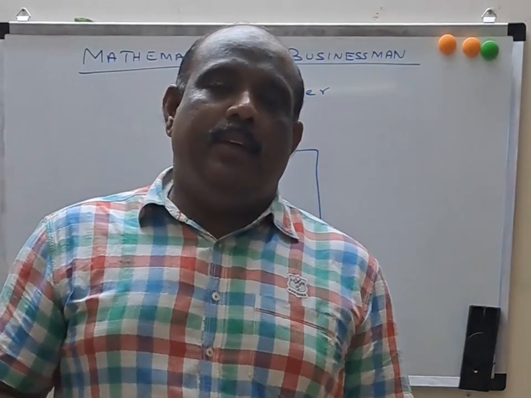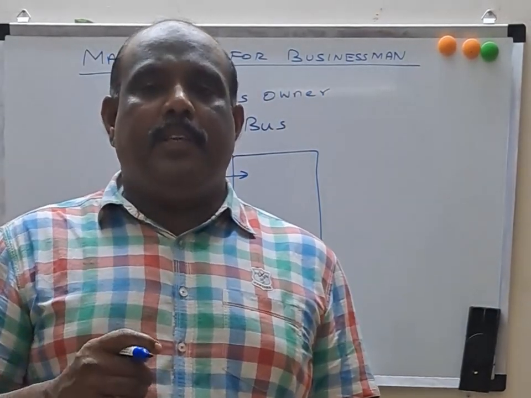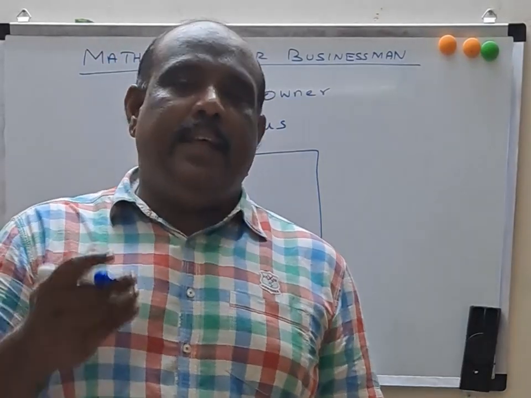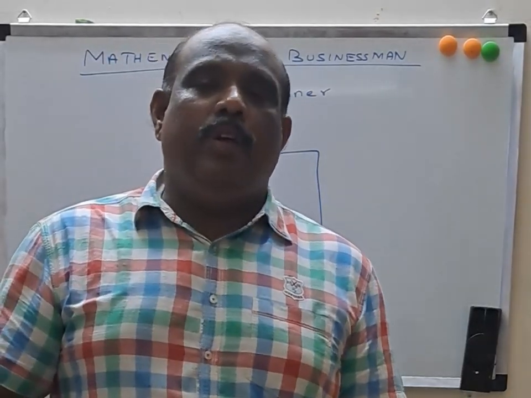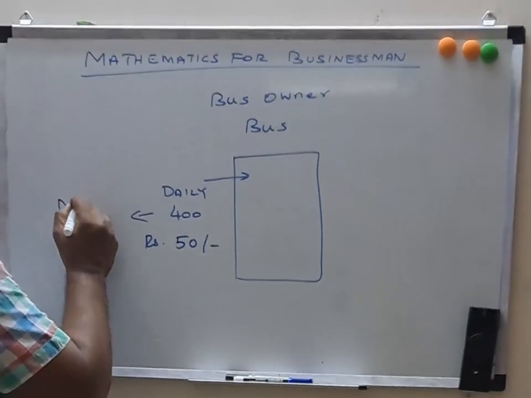The cost of the ticket is 50 rupees per person. And how many passengers are going to travel on the entire day? Let us say it is 400 persons. So 400 is nothing but the number of passengers.